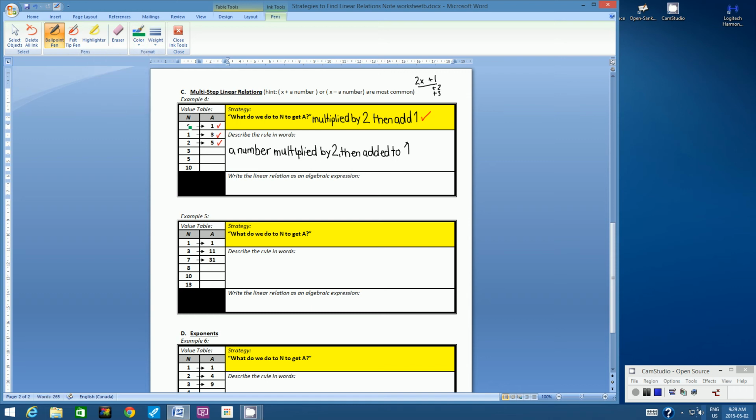Okay. So let's go in and finish the value table. Now that you know the rule, I'm going to give you a head start, and I want you to complete this table. It is not necessary for you to write these arrows. I'm just doing that as a stall technique so that it gives you a little bit more time to work these out.